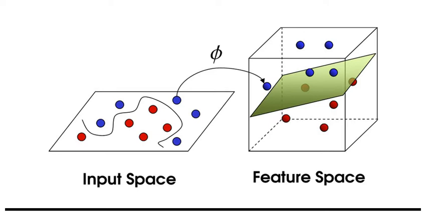So it doesn't actually project each and every single point on an n-dimensional space and put a hyperplane to classify between the two classes that we have here, the red and the blue. It actually remains in the two-dimensional space, for example, and it does its classification as if it were exactly in the n-dimensional space or in a higher dimensional space. So this is intuitively what people try to explain as the kernel trick.